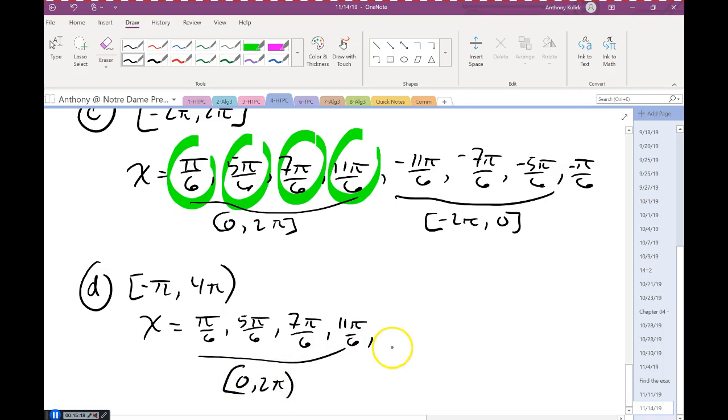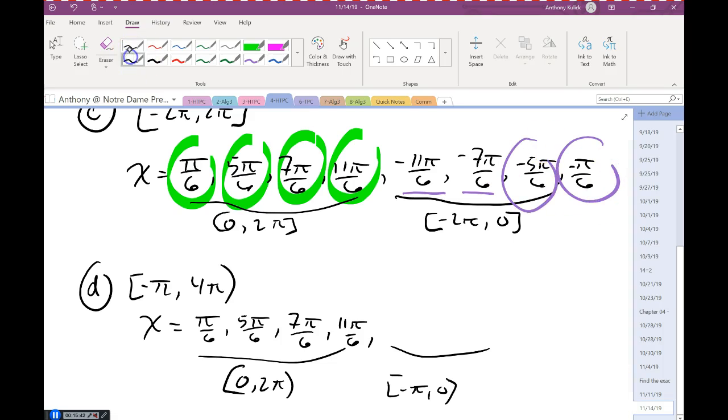And then if I want the stuff from negative pi to 0, let's look at my answers for part C, because some of these are too small. Specifically, this guy and this guy are both less than negative pi. So I wouldn't want to include those, but I do want those ones.